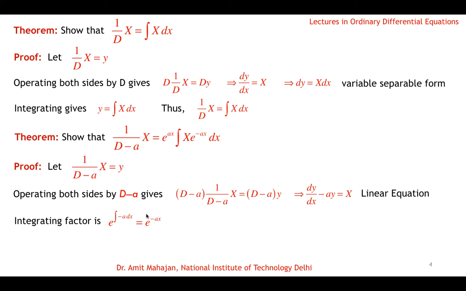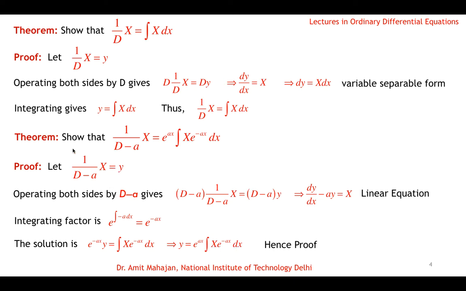If we have the integrating factor, then the solution of this Leibniz equation is the dependent variable y, times the integrating factor e^(-ax), equals the integral of the right hand side X times e^(-ax) dx. So this is the solution, and if we take e^(-ax) to the other side, then y is e^(ax) times the integral of X e^(-ax) dx.